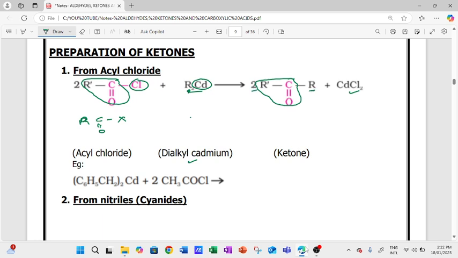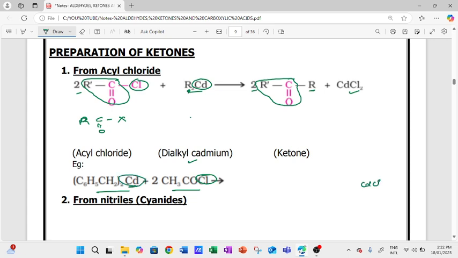Let's do an example: (C6H5CH2)2Cd. This is the dialkyl cadmium, and CH3COCl is the acyl halide. The chlorine and the cadmium get eliminated as CdCl2, which is the byproduct.